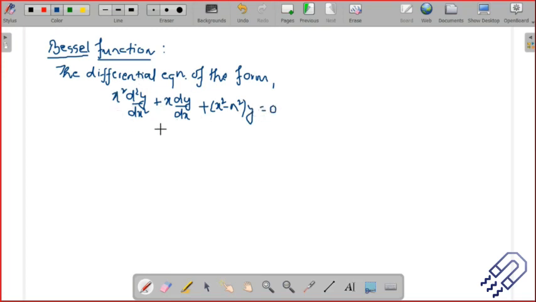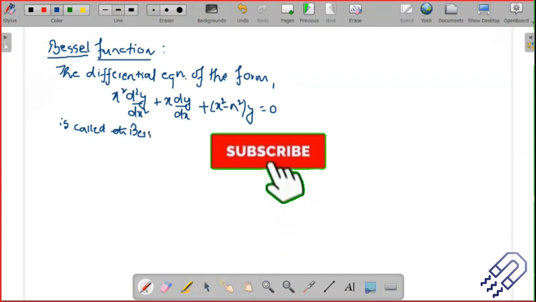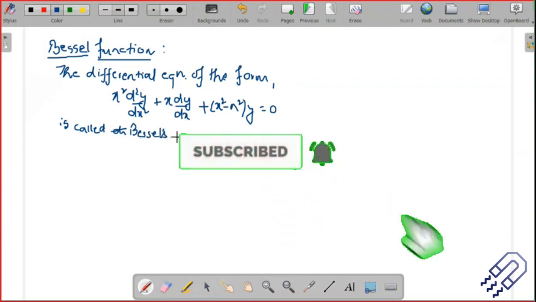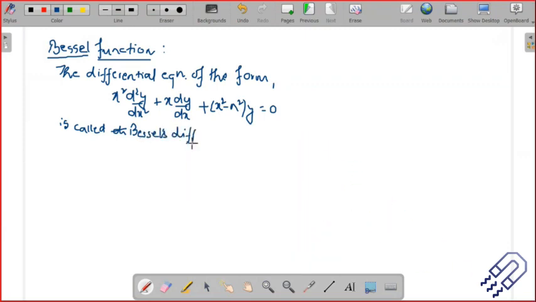A differential equation of this form is called Bessel function, and it's basically a standard function that we are going to deal with. We can call it Bessel's differential equation.